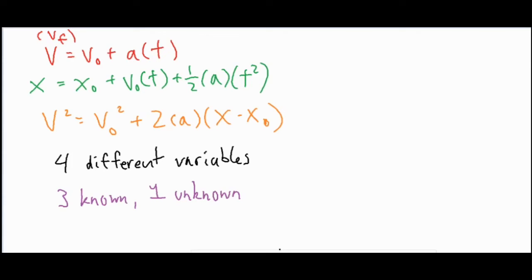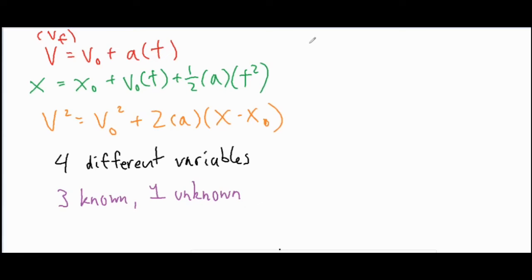Okay, so for example, your red one, you have your final velocity, your v, your initial velocity, your v naught, your a, your acceleration, your t, your time. All of them are the same thing, as in like they have 4 different ones. This one has your final velocity, your initial velocity, your acceleration, and then your delta x. So for any of them, if you have 3 out of your 4, then you can algebraically solve for the 4th. If you are missing something else, then you might have to use a series of formulas or a substitution.